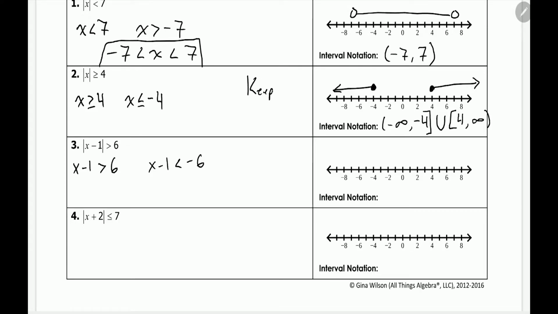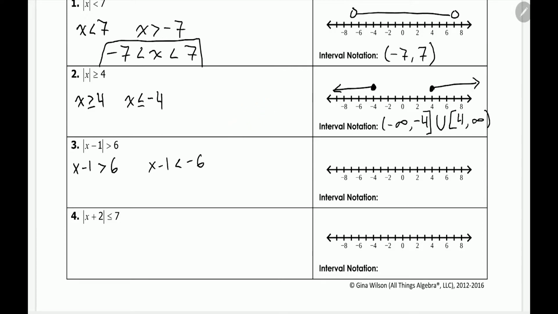So we keep it, we switch it, and we switch it. So this means the symbol, and this means to add negative. Okay? Just keep that in mind.